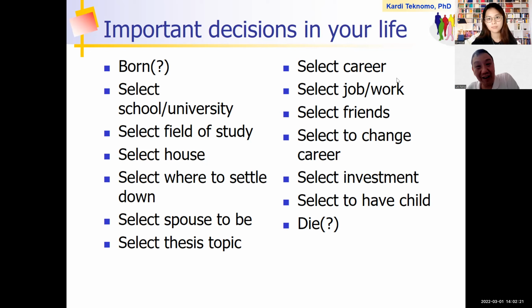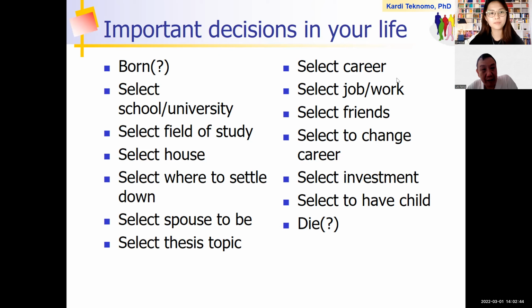When you are born and when you die, probably you don't decide, right? But the others, you are involved in those decisions, right? And these are probably not an exhaustive list of important things to decide.